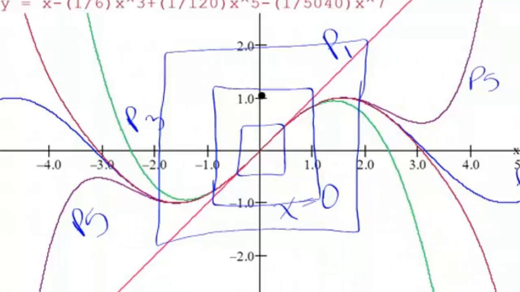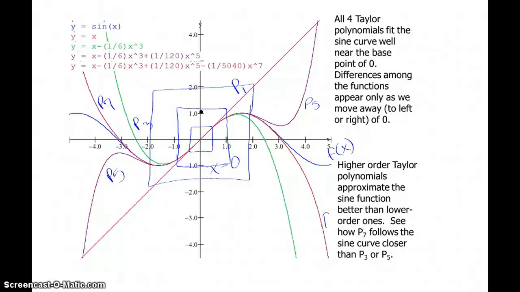That's pretty good. Now this last one right here, here's p sub 7. There it is there, and here it is here, p sub 7. And p sub 7 gets us even further away from that center point around which we built these approximating polynomials.